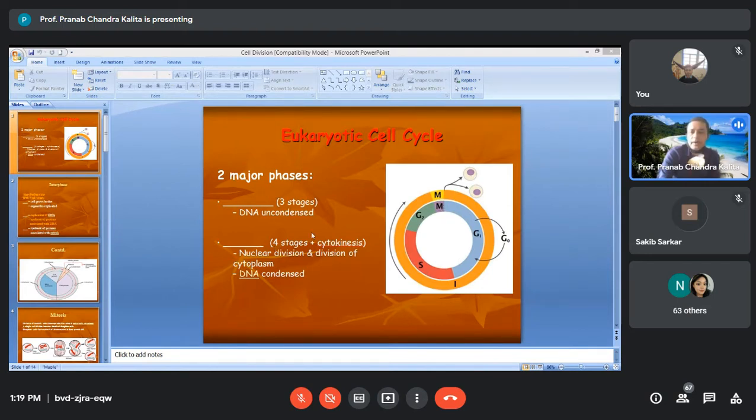The mitosis has four stages plus cytokinesis, where nuclear division and division of the cytoplasm take place. So the total cell cycle consists of two major phases. In the first phase there are three stages, G1, S and G2, and in the second phase there are four stages, which include the stages of mitosis.